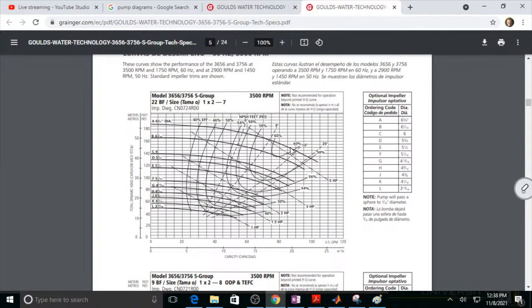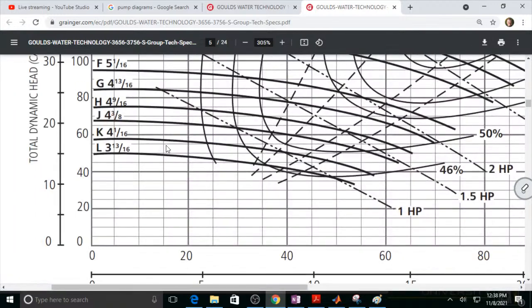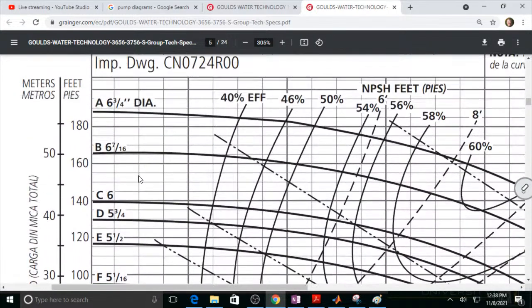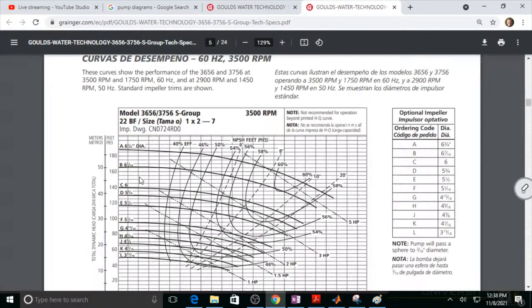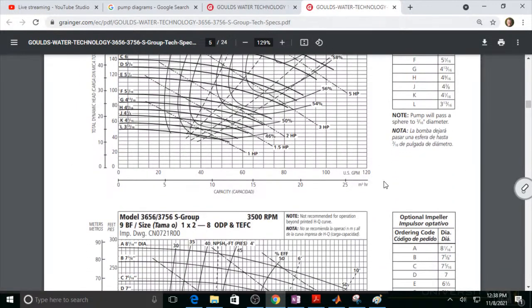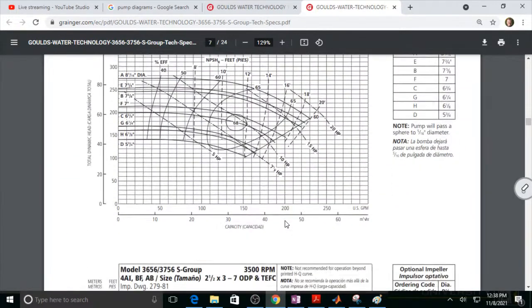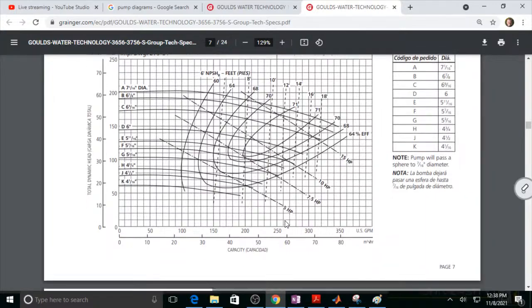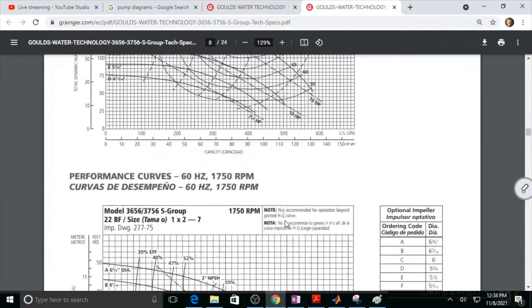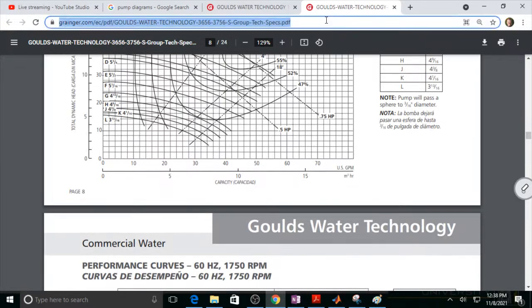Now, how many of these do I have? You can go all the way down to 3 and some sort of 16ths that I can't really see. Well, 13 sixteenths, all the way up to 6 inches, almost 7 inches in diameter. We're going to use this one because, I mean, it's there. And so we're going to come in and just start going through these. So what I'll do, I will use this.